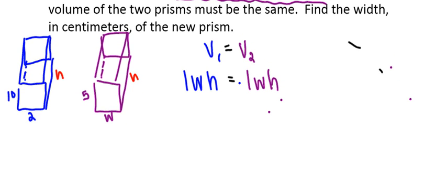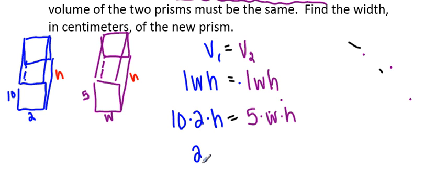Well, my length, width, and height of the blue prism were 10 times 2 times h. My length, width, and height of the purple prism are 5 times w times h. And here we have kind of a dilemma because we've got two variables in this question, which makes it feel a little bit uncomfortable. This isn't going to be so ugly as we move along.